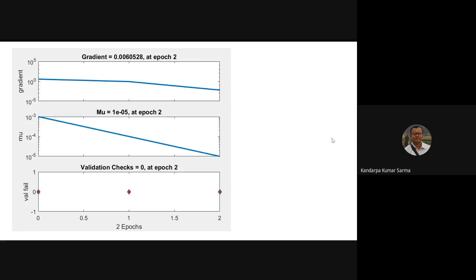So while you complete the training, you may see what is the gradient value at the second number of epoch, then the step size, then the validation checks. So here validation checks are carried out if it touches the required convergence level.